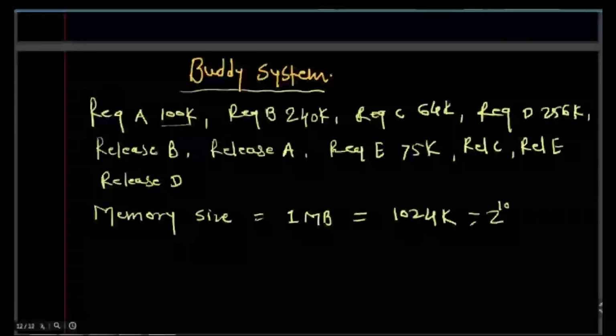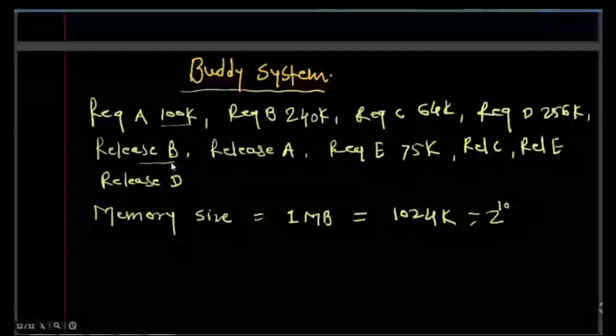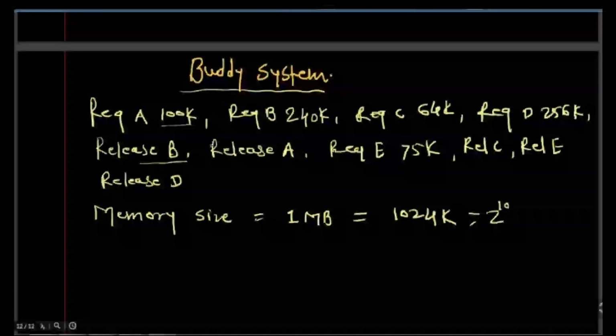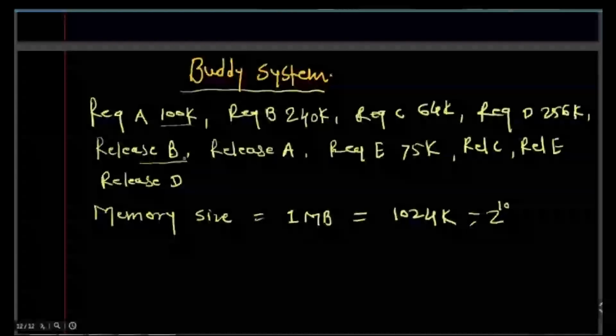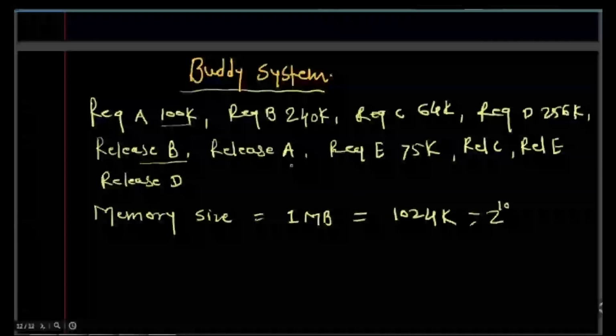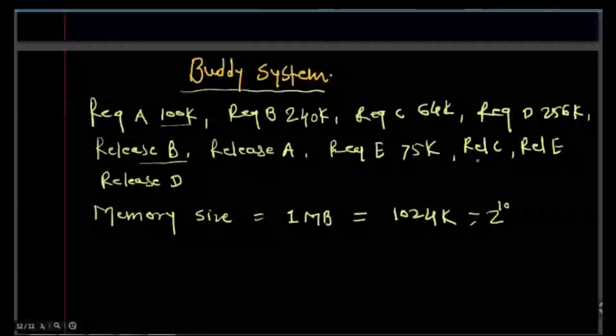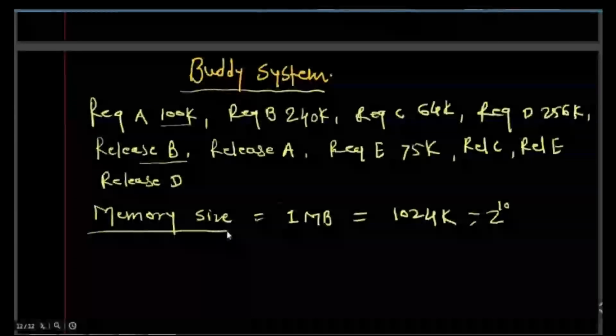Then the next request is to release process B. That means whatever memory is allocated to process B is required to be freed up. So release B, then a request for a new process, that is 75K, then release C, release E and release D. The total memory size is given as 1 MB, equal to 1024K.